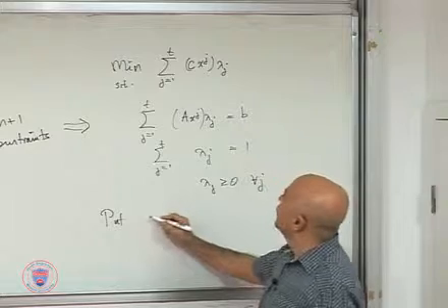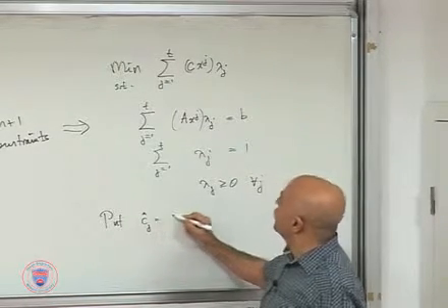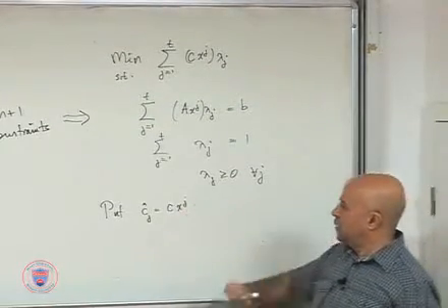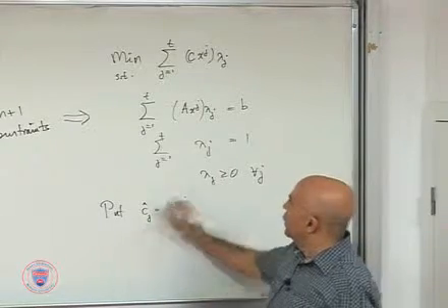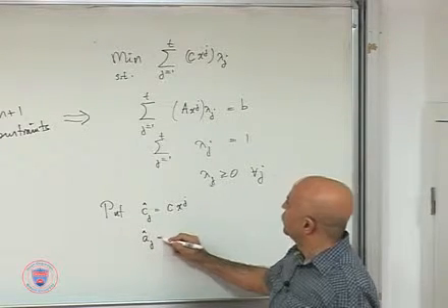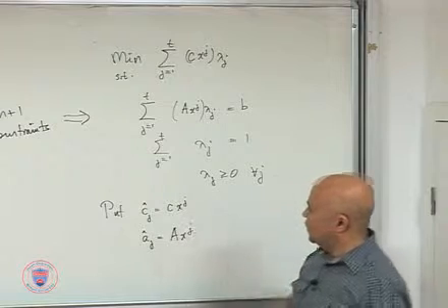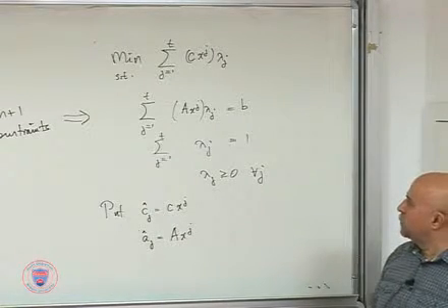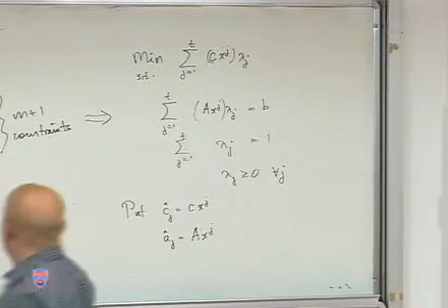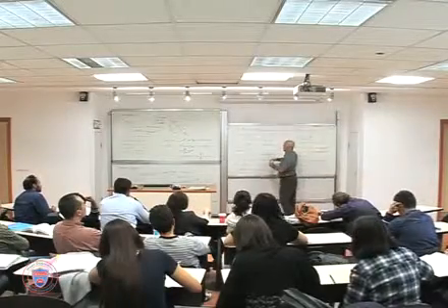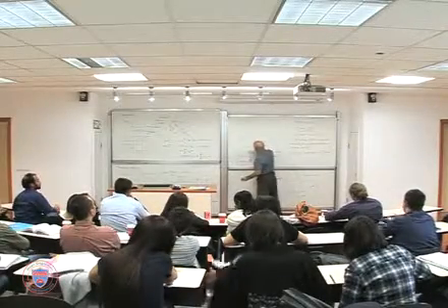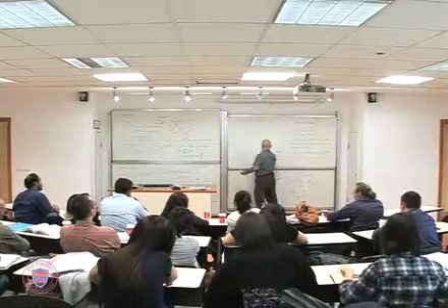Let's define Cj cap to be C times xj, the cost obtained at the jth extreme point of X. And let's define Aj cap to be A times xj. That's just a column vector. With that, I can rewrite the whole problem in a little bit more comprehensible way.